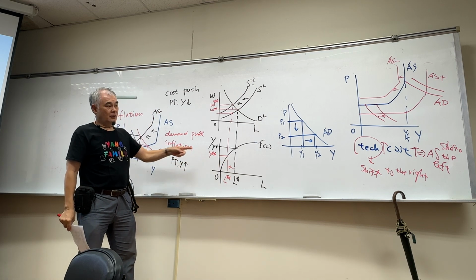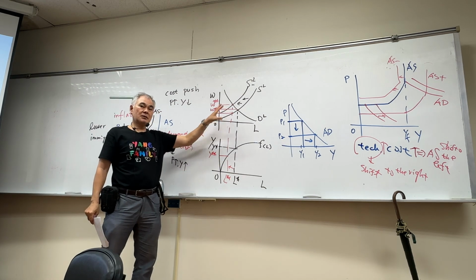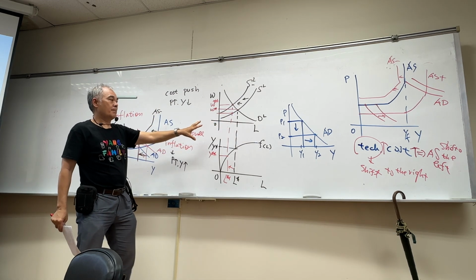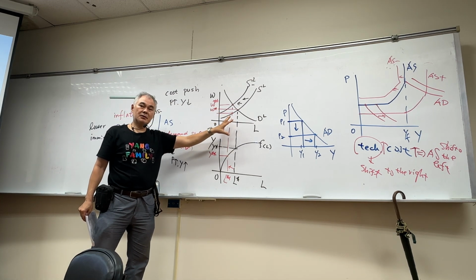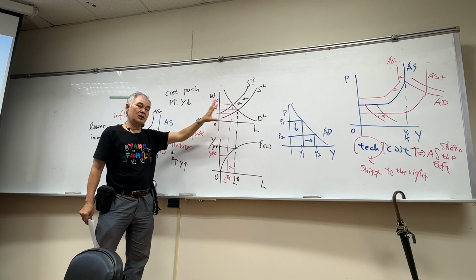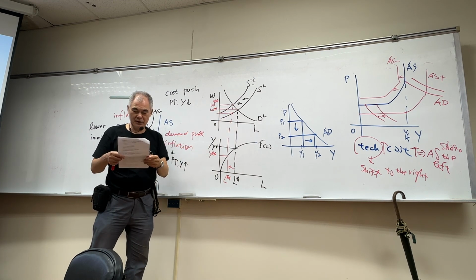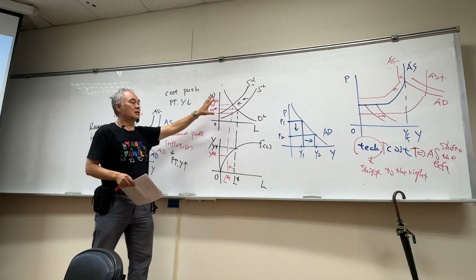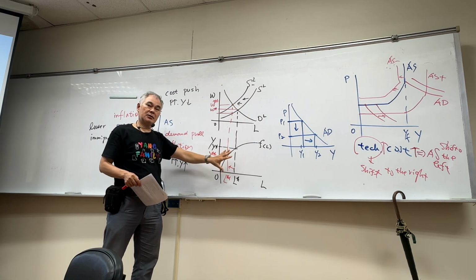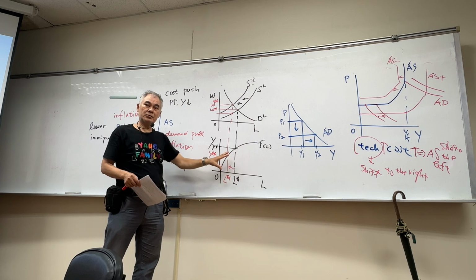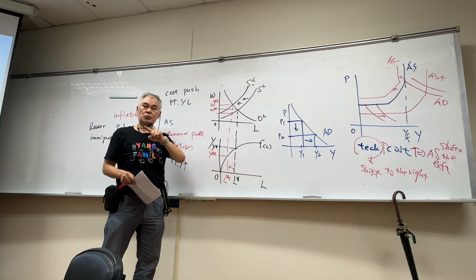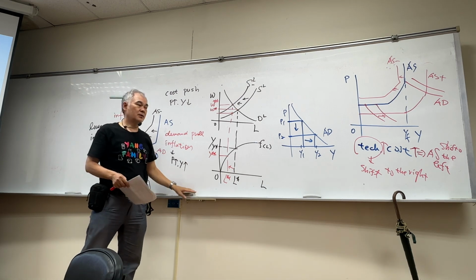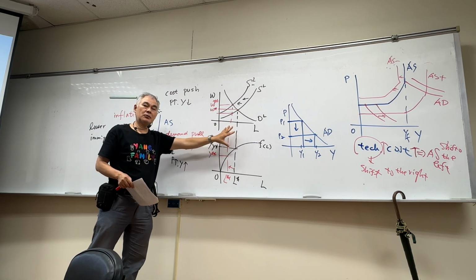Okay, can anyone tell me how this is reflected in terms of AS, aggregate supply? What would be the impact of this policy on aggregate supply? Huang Pingxuan. Okay, so this is the labor market, right? And this is the production function. Suppose I want you to draw the aggregate supply and aggregate demand curves for me.